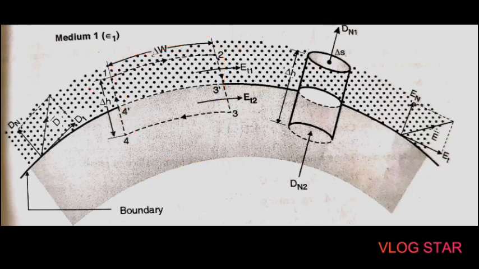So there are only the tangential terms, from 1 to 2 and from 3 to 4. The value of the 1 to 2 path is del w Et1, and the other has a negative sign, or the opposite direction, so it can be written as del w Et2.